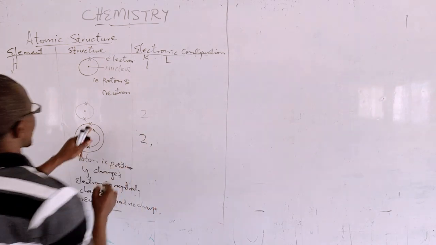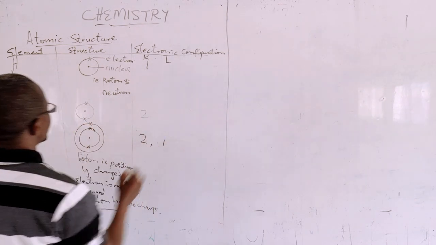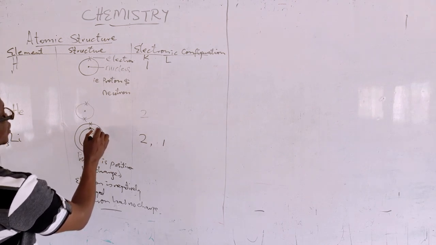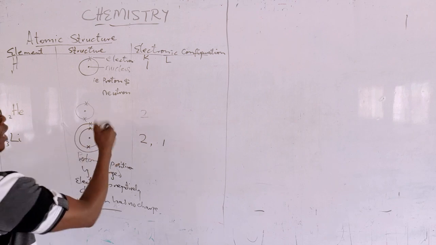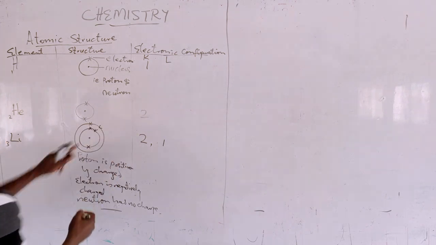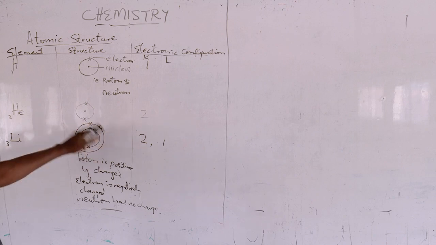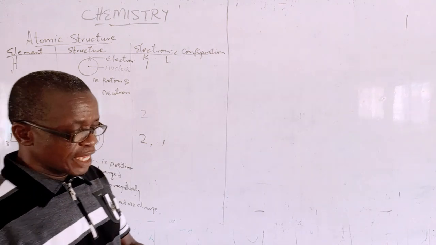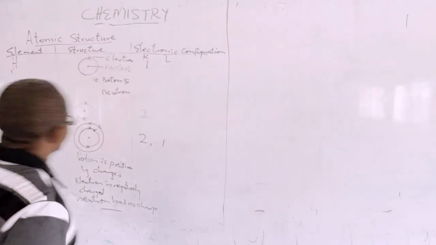You put how many are left on the second shell? 1. You put it there. So this shell is K shell. This is L shell. We will soon finish L and go to M and go to N. So after the first shell with 2 electrons, every other shell that comes in will carry a maximum of 8 electrons. So now let's move on.